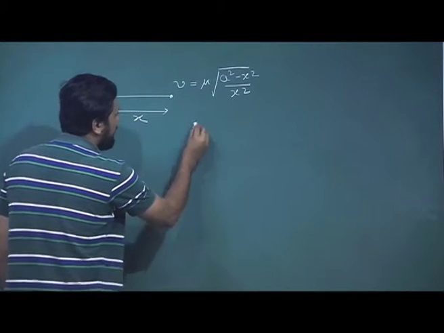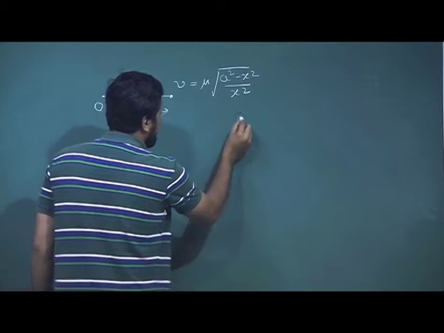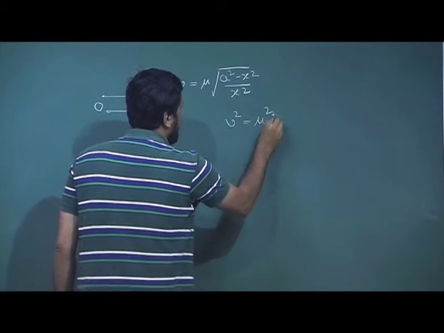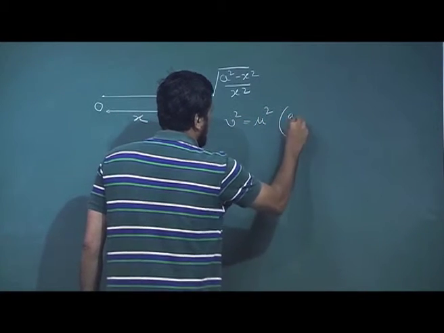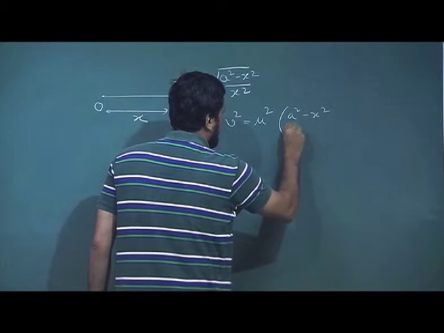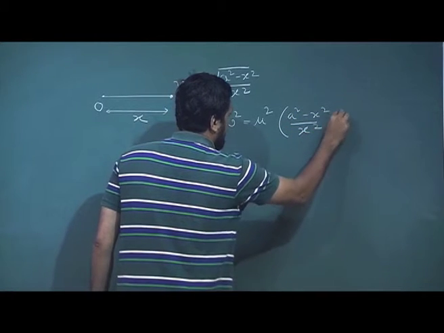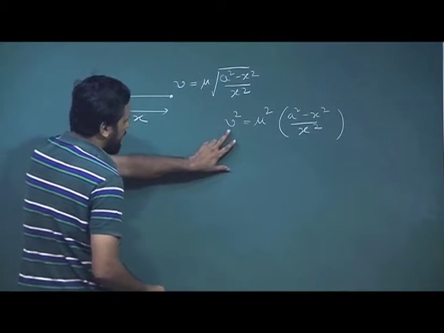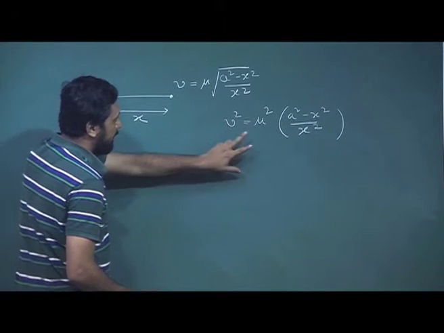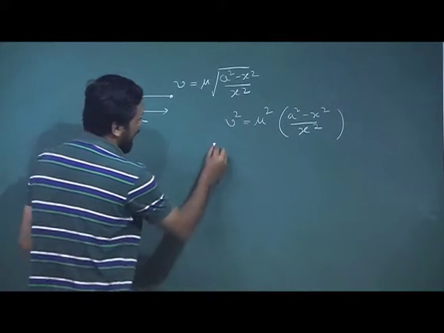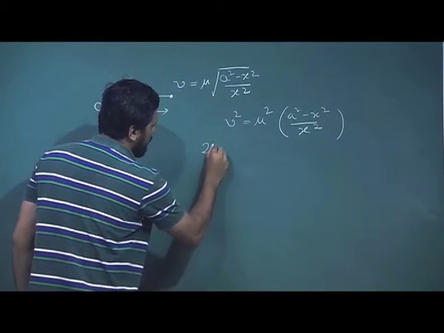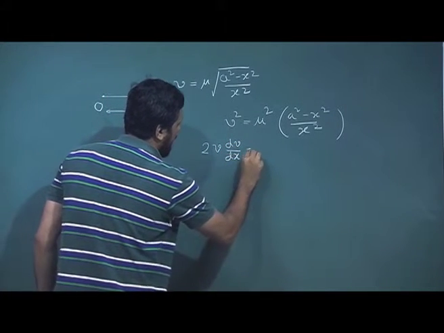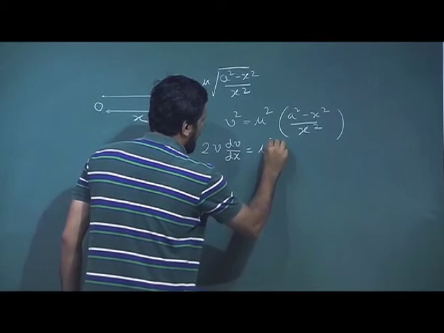To solve this problem, we simply compute v square, which will be mu square times s square minus x square by x square, and then we take the derivative of this side and that side with respect to x, and we end up with 2v dv dx is equal to mu square.